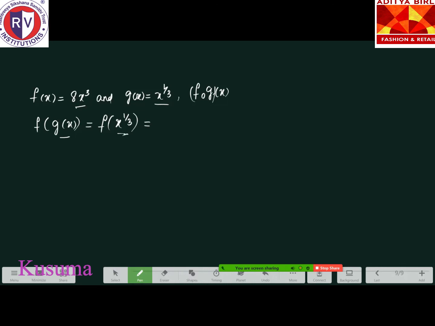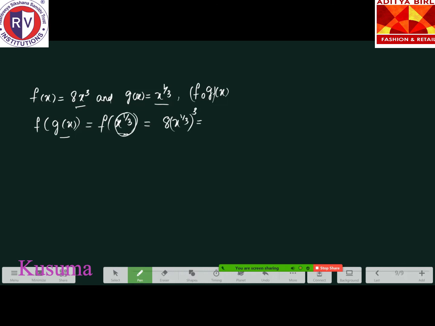So f of x to the power of 1 by 3 will be 8 times x to the power 1 by 3, whole cube. That is, wherever there is x, we have to substitute. So here the variable given is x to the power of 1 by 3, whole cube.